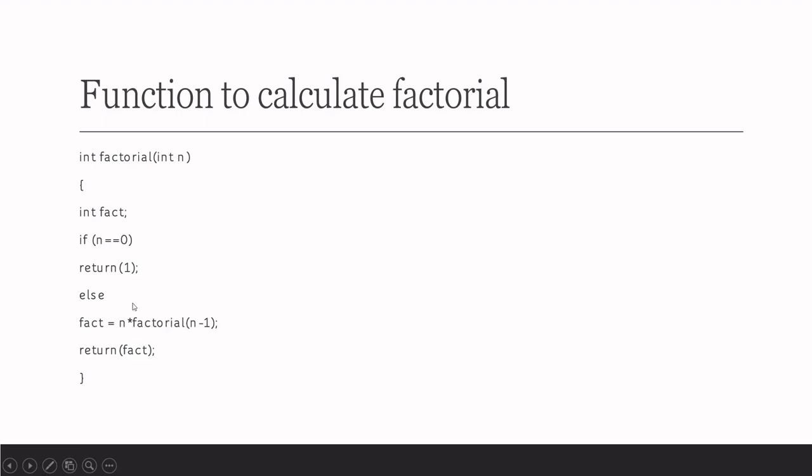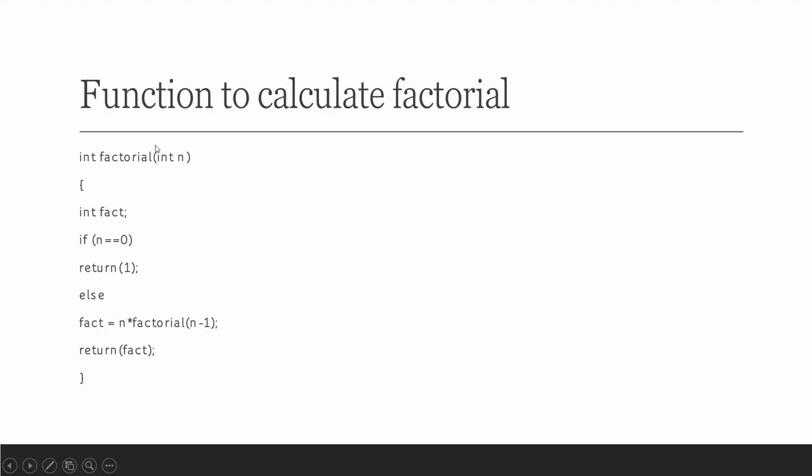So this is the statement that gives this function a recursive character, because each and every time when a factorial function is called, it is calling itself with a lesser number. So if factorial 4 has to be calculated, factorial 4 is 4 into factorial 3. Again, factorial 3 is 3 into factorial 2.